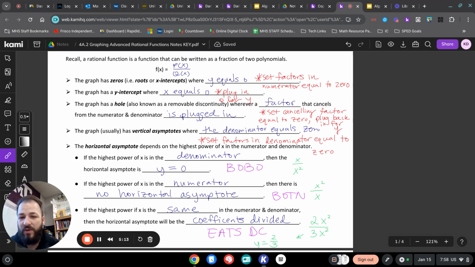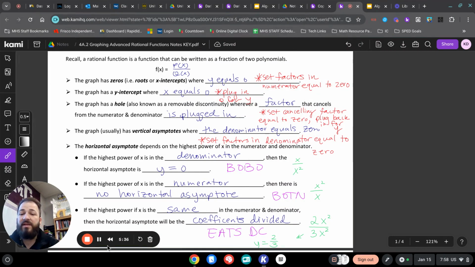So it will just be y equals 0. It will always be y equals 0 if the exponent in the bottom is larger. Okay. And this BOBO right here stands for bigger on bottom. So just like our bigger exponent being in the denominator, the bottom of the fraction, 0. So BOBO is a nice way to remember that if it's bigger on bottom, the horizontal asymptote is 0.